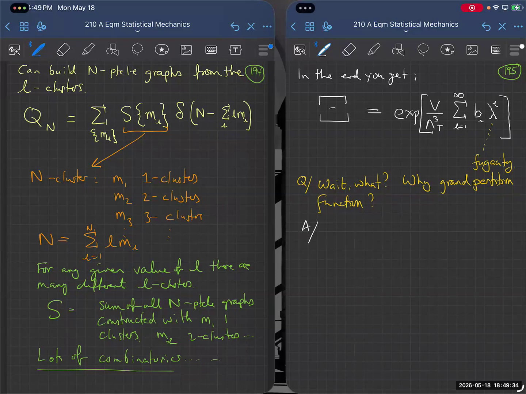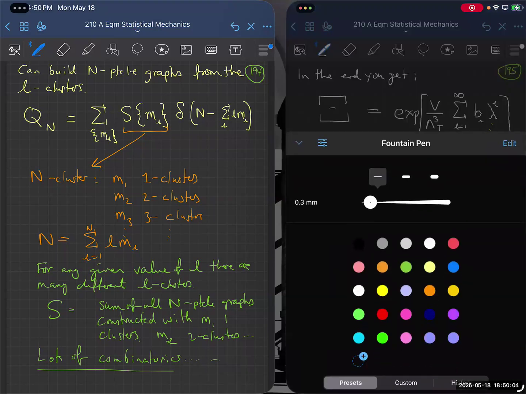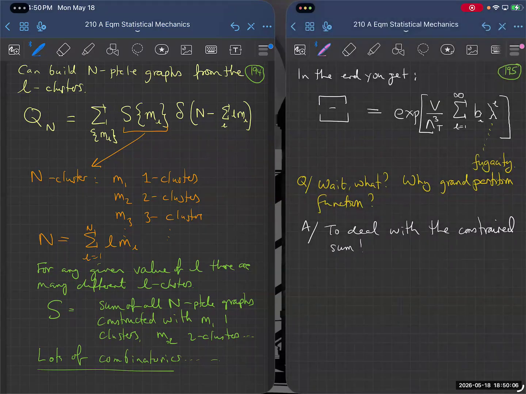So the reason we use the grand canonical distribution is that this horrible many-body problem, using all of these graphs and everything, turns into a factorized thing. So why a grand partition function? To deal with the constrained sum. So that's the first thing. And then next question.